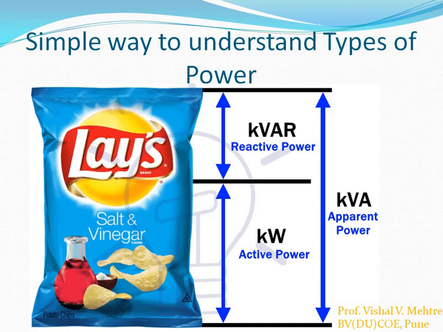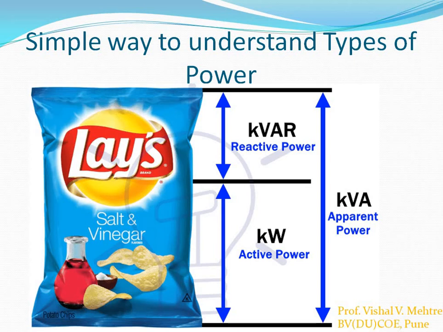Now, a very simple concept to understand the different types of power. As you can see, there is a potato chips packet, where the entire packet contains chips along with some gas present in that particular packet, and it is completely sealed.